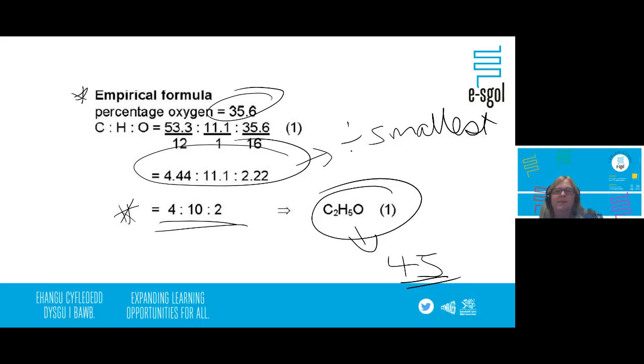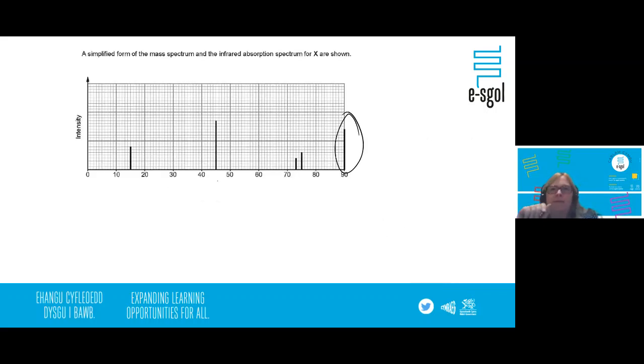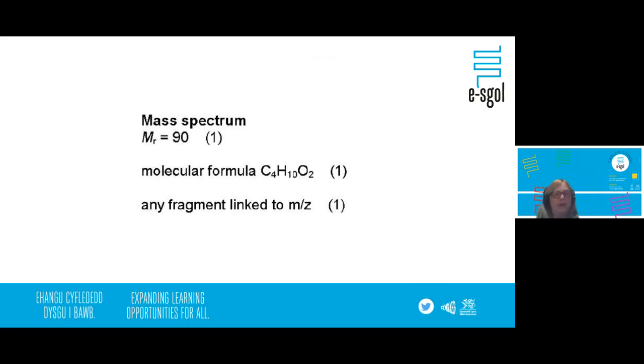So suddenly that 90 becomes significant because it's telling you that the molecular formula is twice the empirical. It's also worthwhile, as I noted earlier, noticing that you've got a drop of 15, suggesting I have a methyl present. So you've got the mass spectrum there, which is 90. That confirms double the empirical to get the molecular formula.